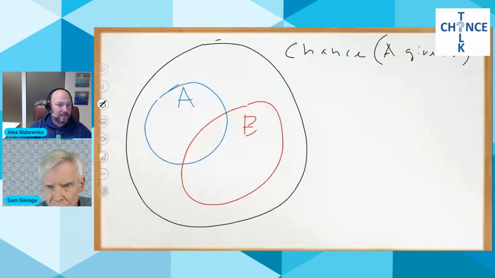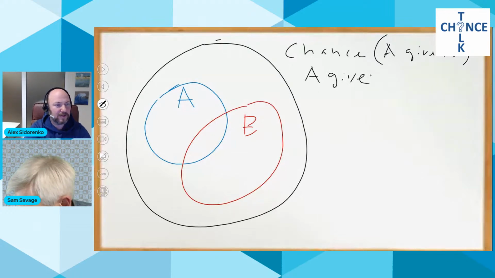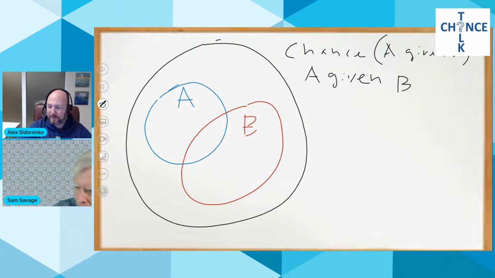Oh, it's hidden under the ChanceTALK thing. Okay. Chance of A given B. What this means is, you know, let's see if I have a cursor here. Hold on a minute. Can I make a laser pointer? Just a minute.